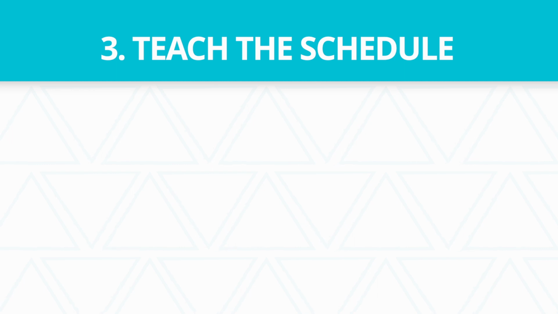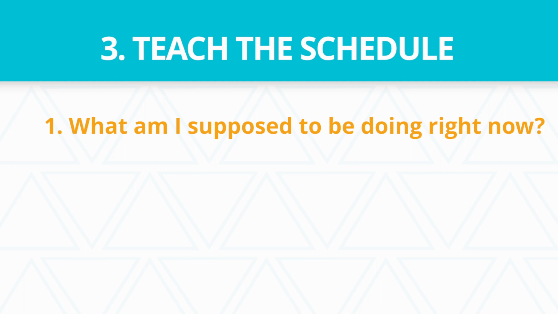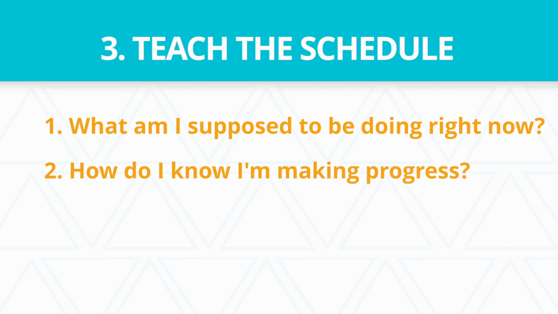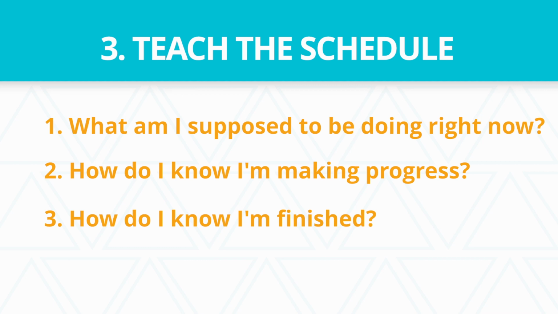The first question is, what am I supposed to be doing right now? The second question is, how do I know I'm making progress? The third question, how do I know I'm finished? And the final question is, what do I do next? This is very important when we move into the next element of the schedule.